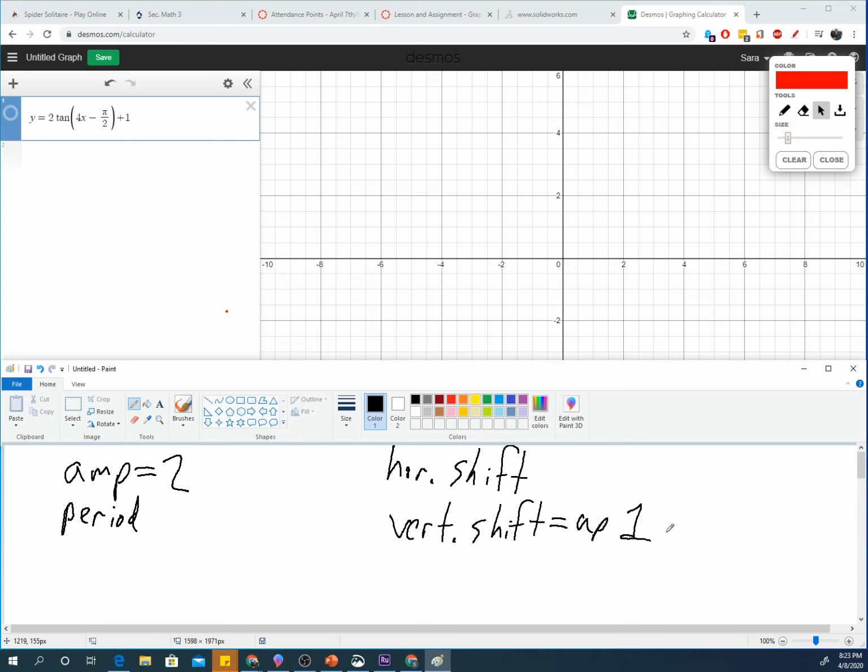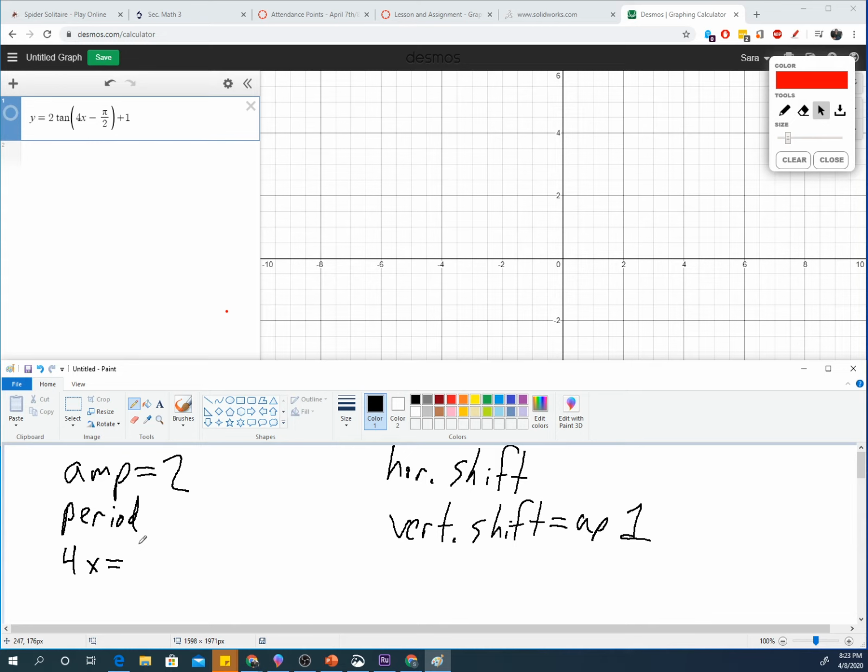Now your period and the horizontal shift, the two things that affect your graph horizontally, do take a little more work. They don't just appear in your function. So remember, to find the new period, you set your bx equal to your original period for that function.